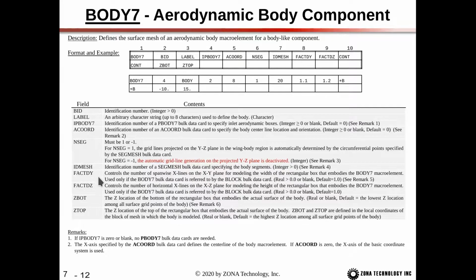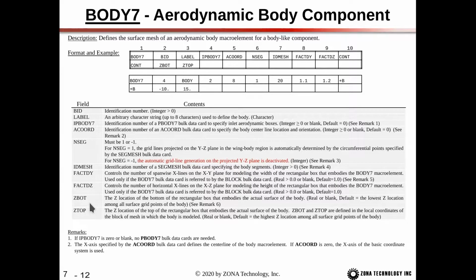Then fact dy means ZEUS will say, okay, I'll use 10 span-wise X lines on the XY plane, and with a fact dz of 1, I'll use 10 horizontal X lines on the XZ plane to define my ZEUS mesh, which is usually adequate. But you can change the number by changing fact dy and fact dz to be greater or less than 1.